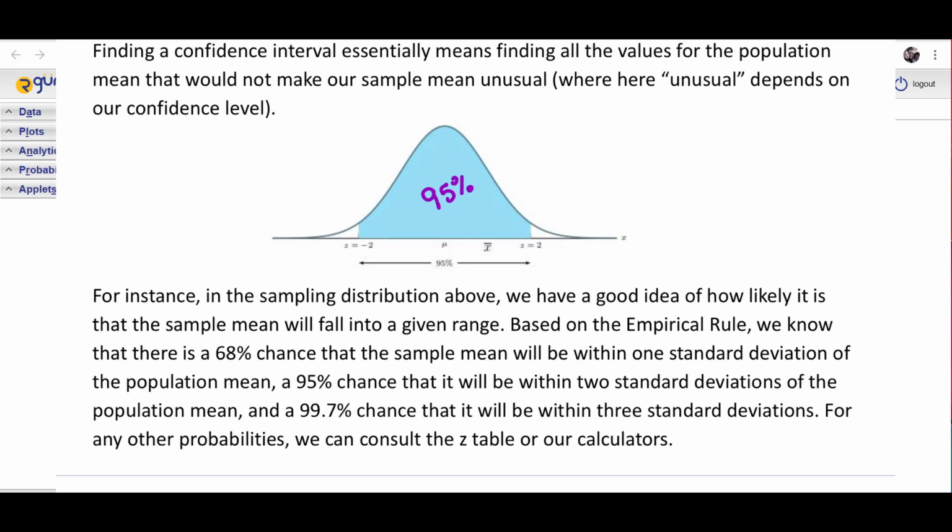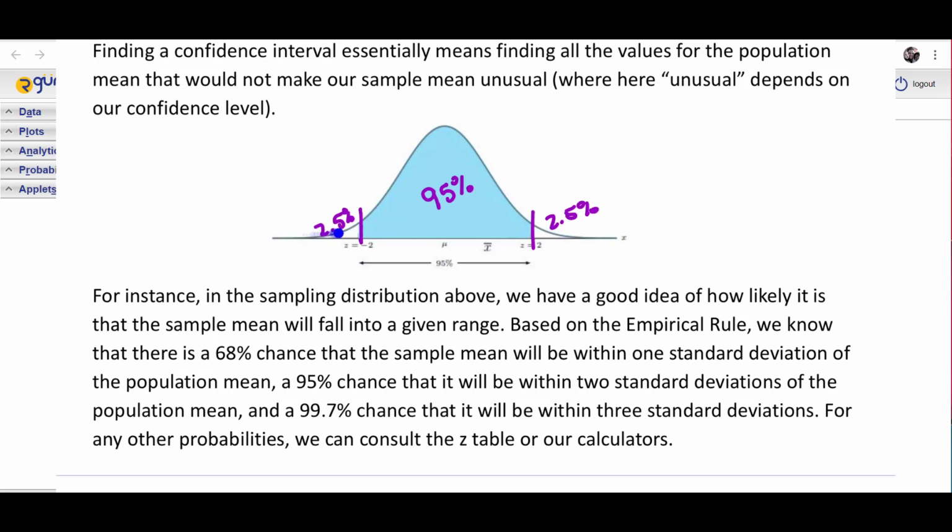How does that relate to it being unusual? All right, well, here's the thing. What's on either side of these? So if 100% is the whole thing, 95 is the middle, each side would be 2.5%. Both of those percentages, again, represent probabilities. The probability that it is more than 2 standard deviations is 2.5%.